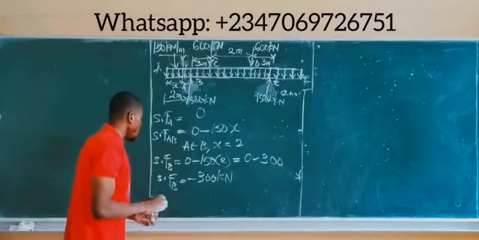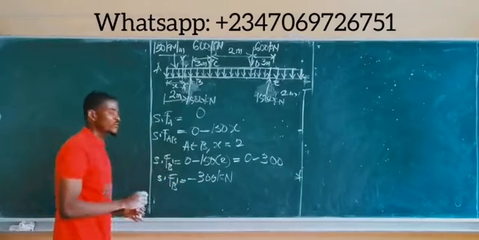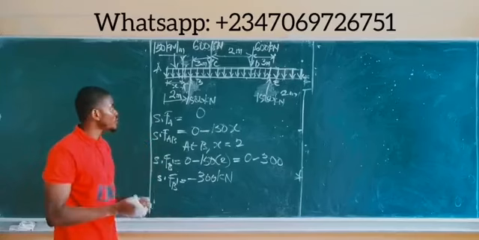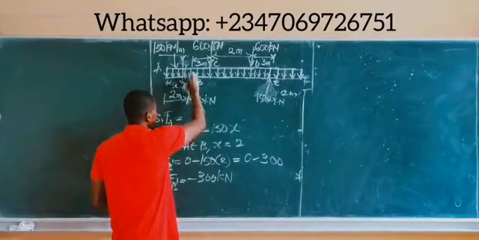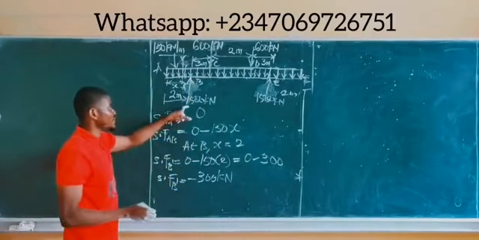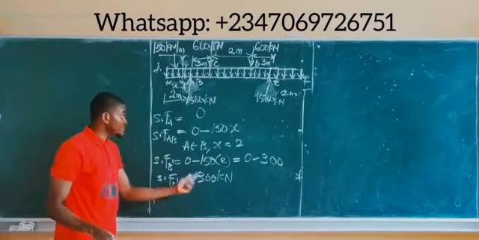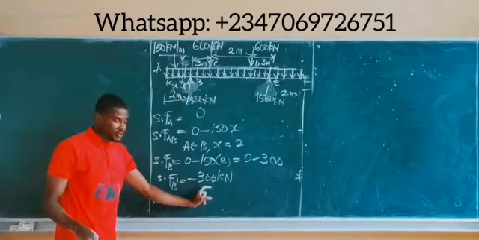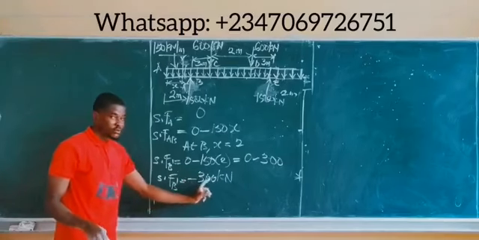Okay, so we call this shear force B prime, which means initially at point B, because a closed loop at point B shows that there's a vertical reaction at point B, and that reaction is 1500. So this was the initial value of the shear force as it moves along AB down to point B, which gave us minus 300 kilonewtons.